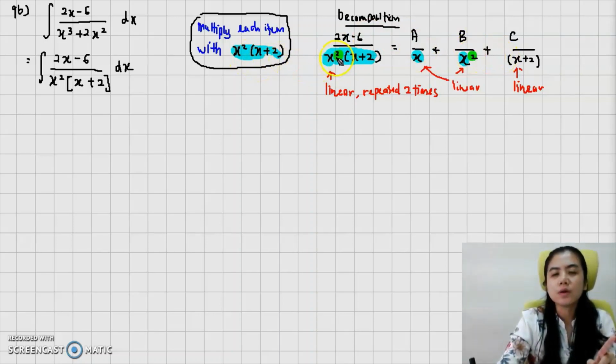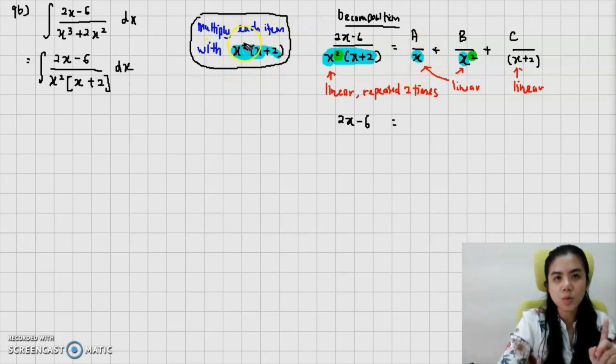Once you have this factor, multiply each thing that you see here with it. If we multiply this fraction with this factor, obviously x squared cancels out, x plus 2 cancels out, so you have 2x minus 6 at the left. At the right hand side we have the first fraction, multiplied with this. The x and x squared can be cancelled, so you have x plus 1 and this.